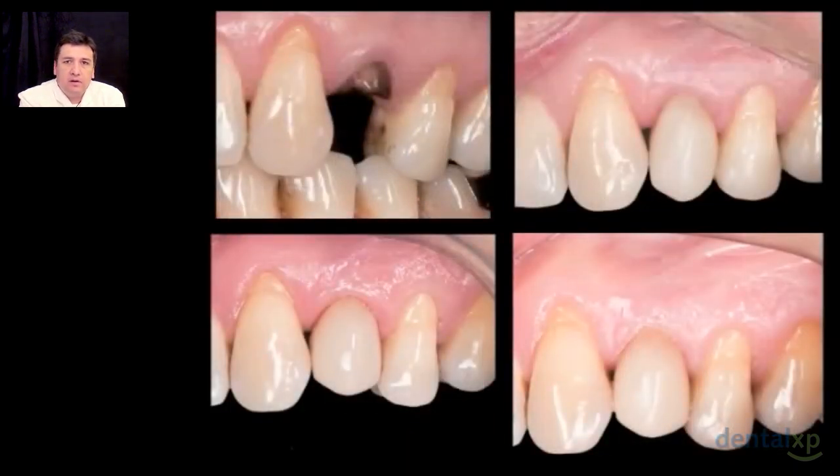And after a period of 2 or 3 weeks, we will be able to see this kind of situation. It means that that crown is over an implant and we are recovering the papilla, or we are reducing the little black triangle that we saw at first in the hanging-on provisional.